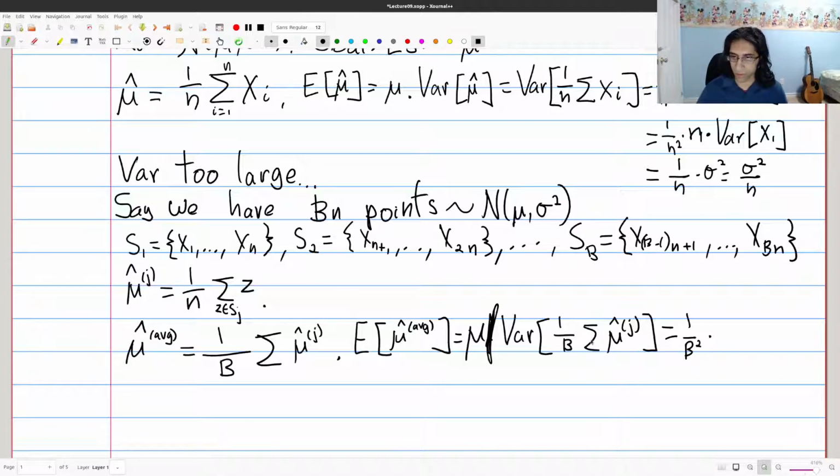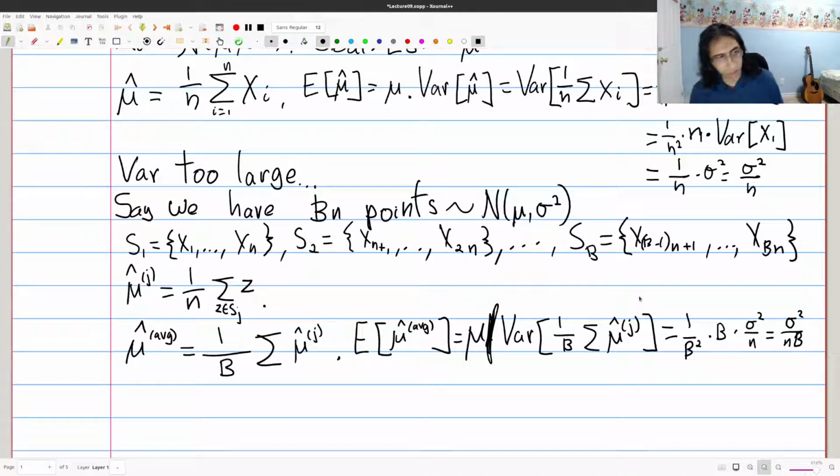And therefore, pulling out this summation is allowed because they're independent. That gives us a factor b because there are b things in the summation. And here we already calculated the variance of each thing. This is just going to be sigma squared over n. So this is equal to sigma squared over n times b.